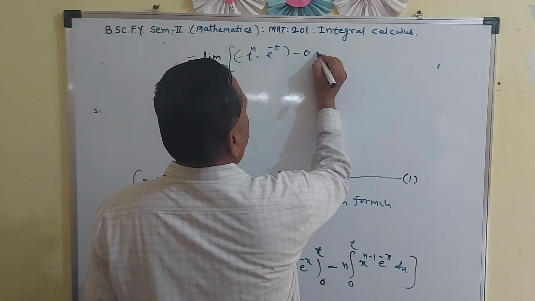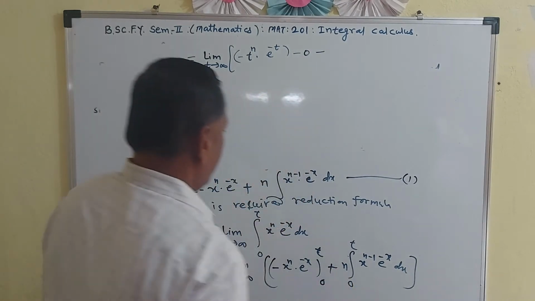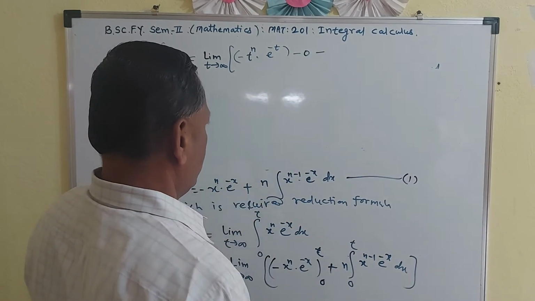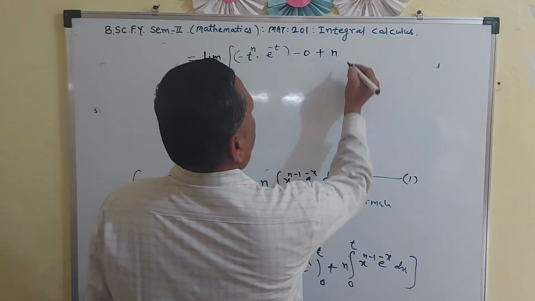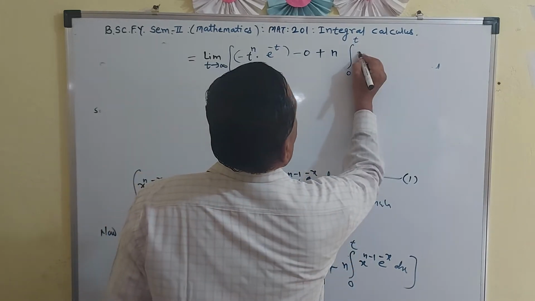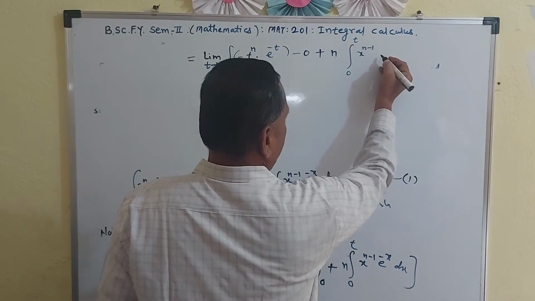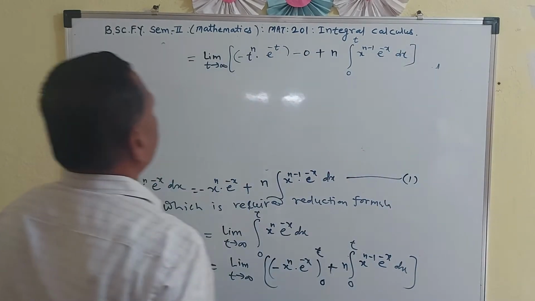Then here minus, sorry, not minus, here plus, because using this reduction formula 1, then plus n into integration from 0 to t of x raised to n minus 1 into e raised to minus x into dx.